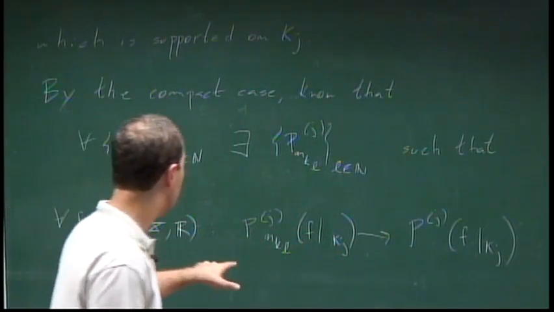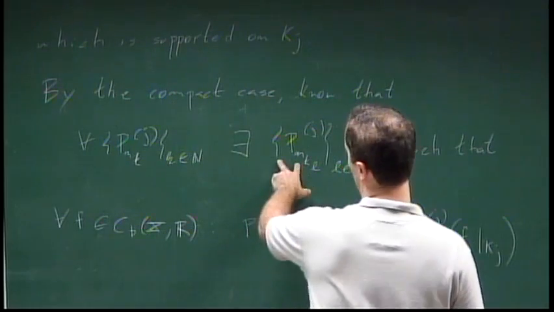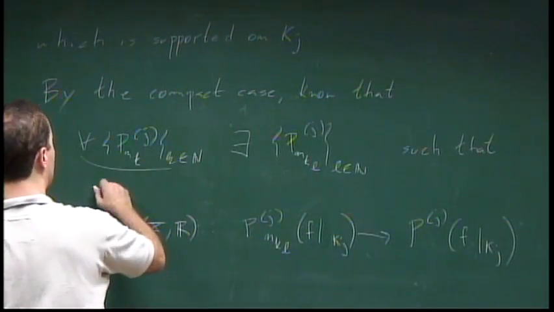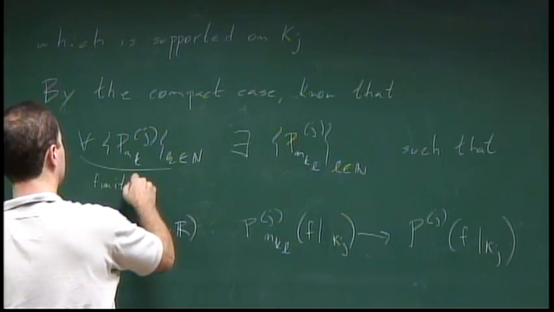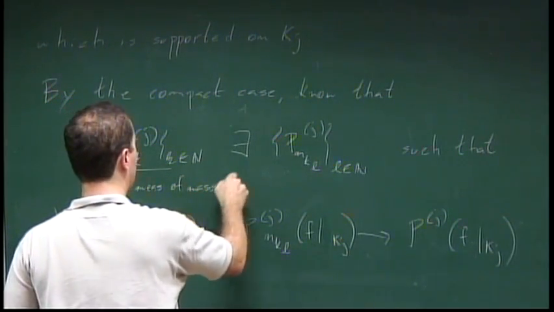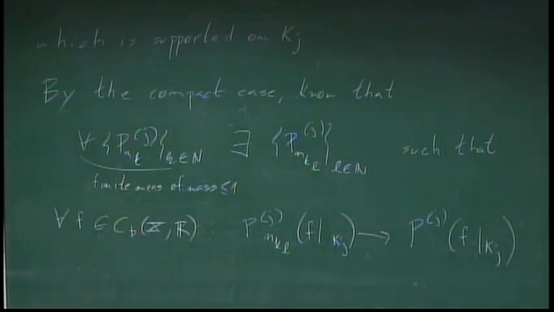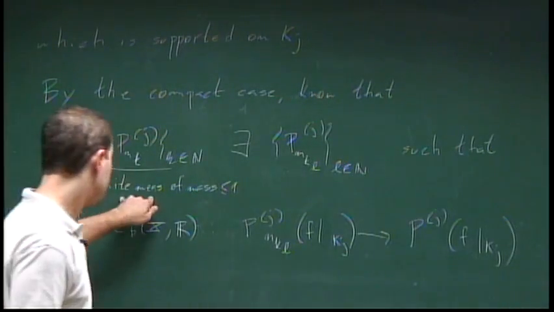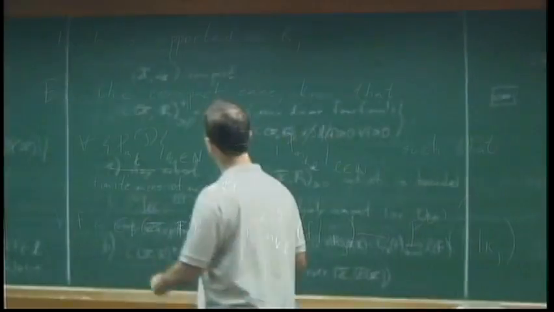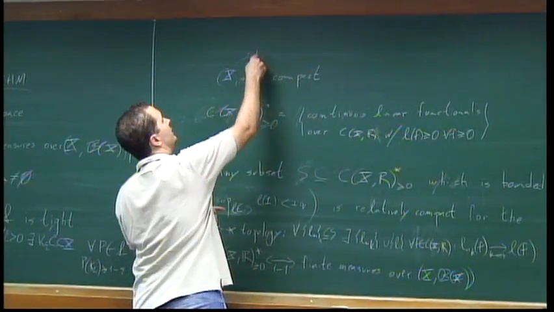Okay, again, what am I saying here? This is a sequence of finite measures of mass less than 1, right? Because of the way I define things. So given a sequence of finite measures of mass less than 1, I come to this theorem and I look not at X itself, but at Kj.